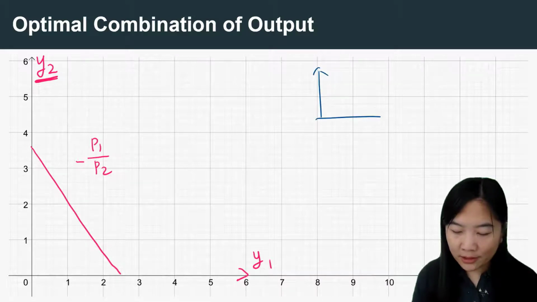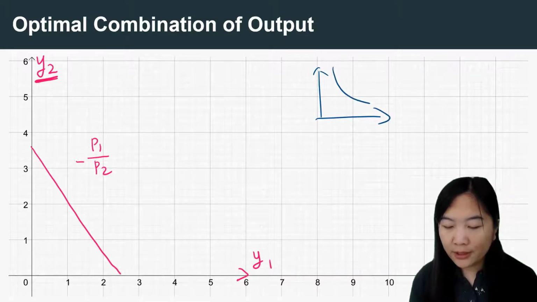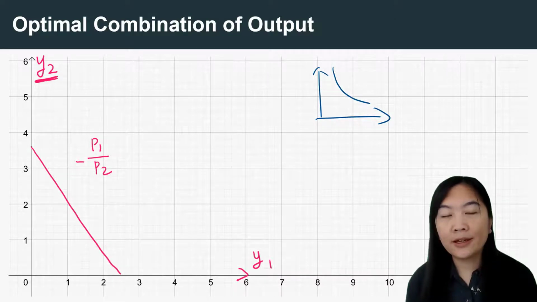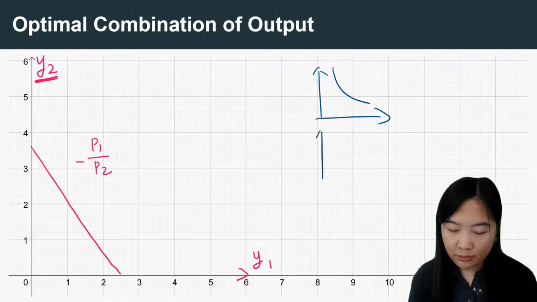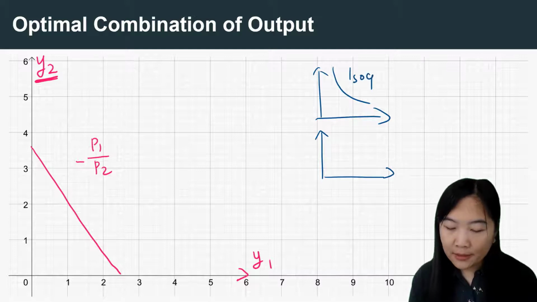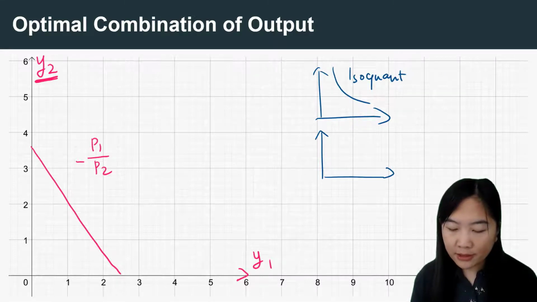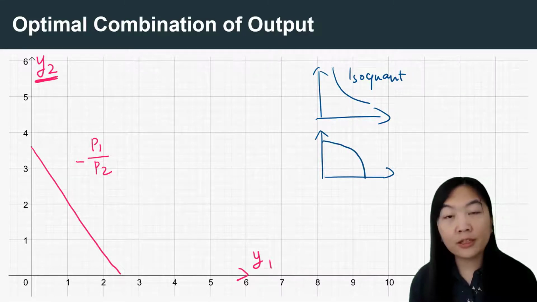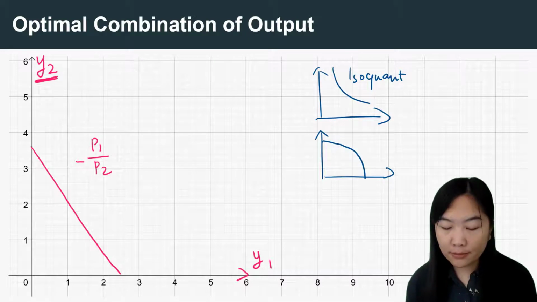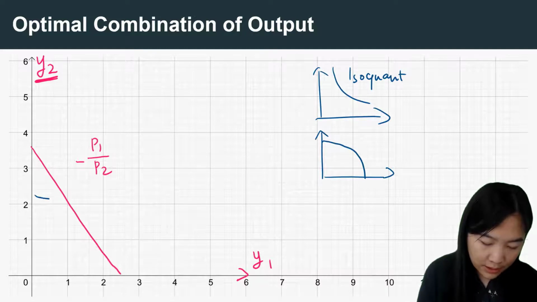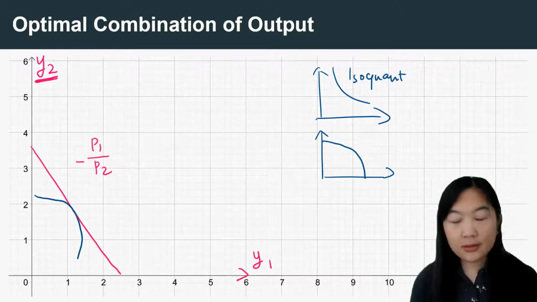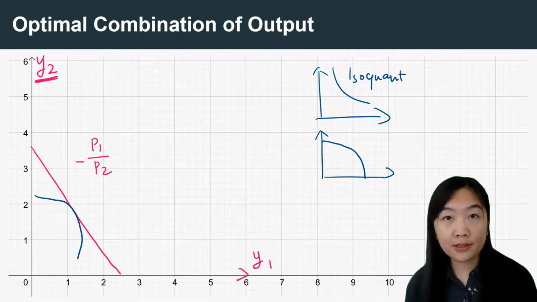For the isoquant curve, your slope is like this, and it's convex to the origin, while the product transformation curve typically has this shape, where it's concave to the origin. So let's say this is your product transformation curve.